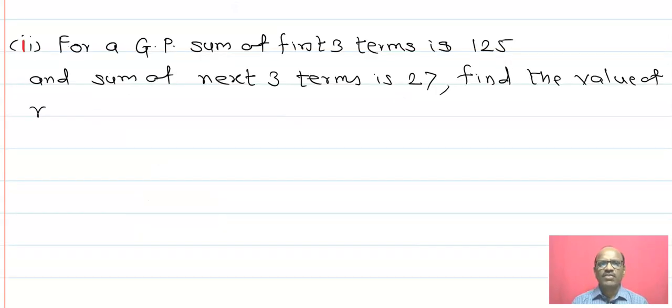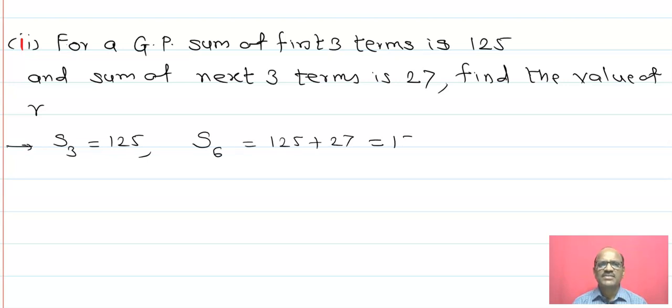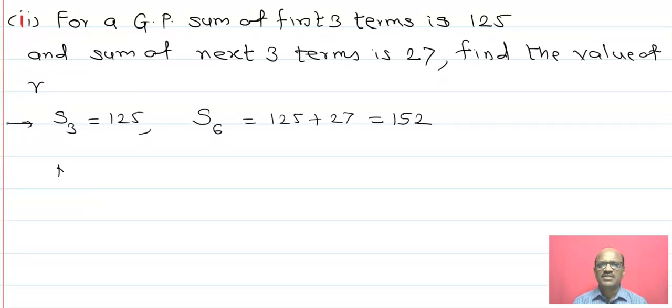Next, for a GP, the sum of the first 3 terms is 125 and the sum of the next 3 terms is 27. Then find the value of R. Now that is S3 is equal to 125. Next, S6 is equal to 125 plus 27. Therefore, it becomes 152.